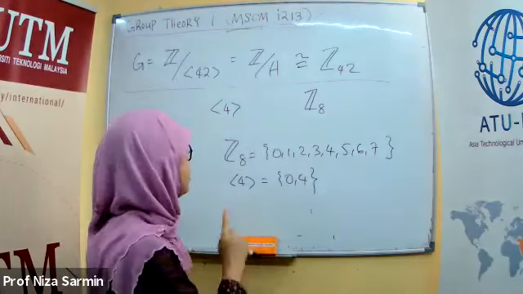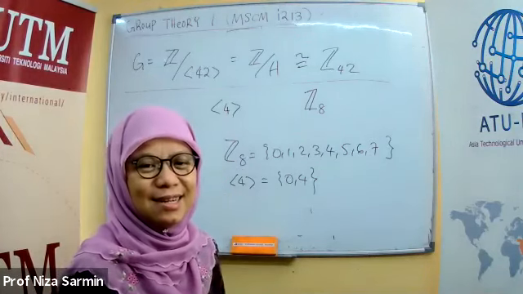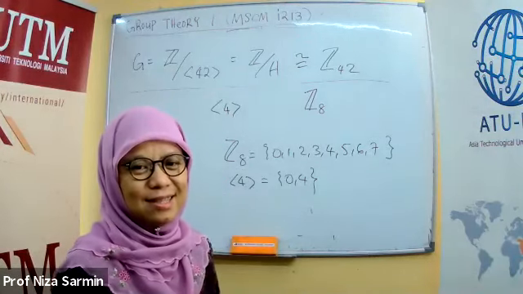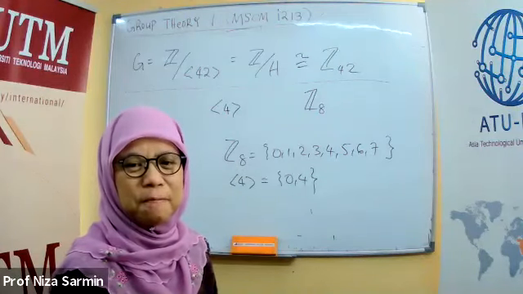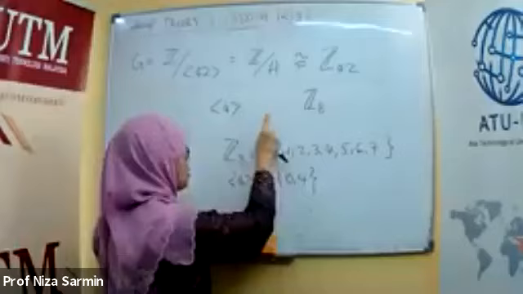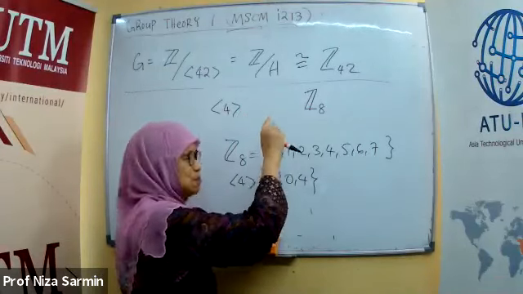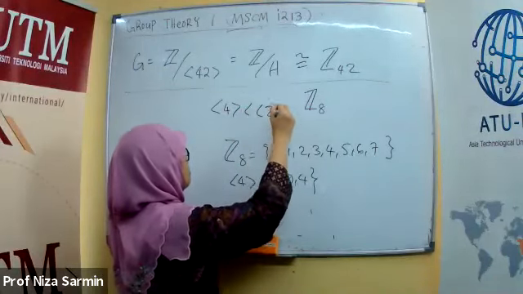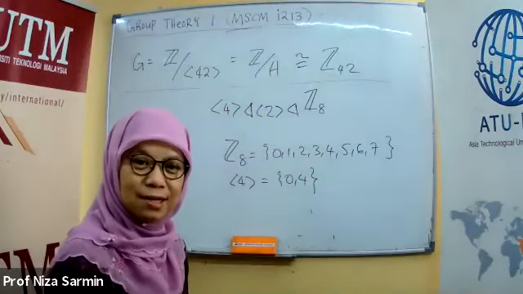Okay. Is it maximal normal? Tan said no. Why? Because there is something inside that you can put. There's a subgroup. And they're all normal because it's abelian.